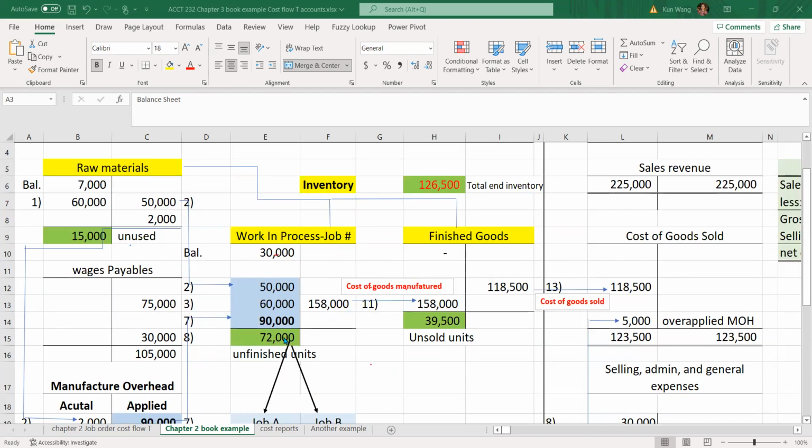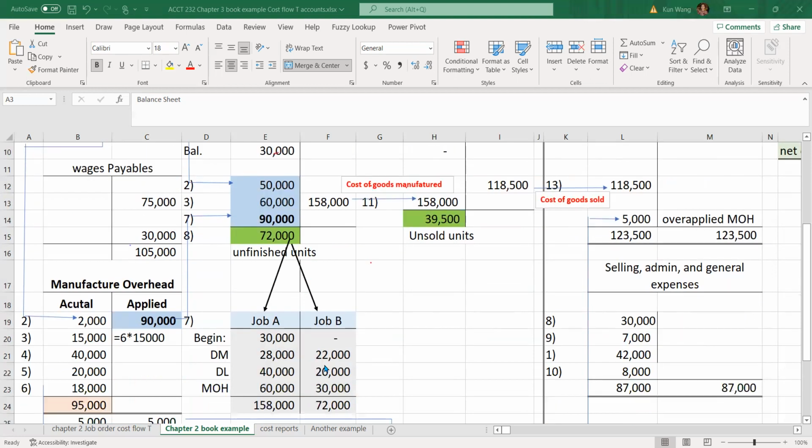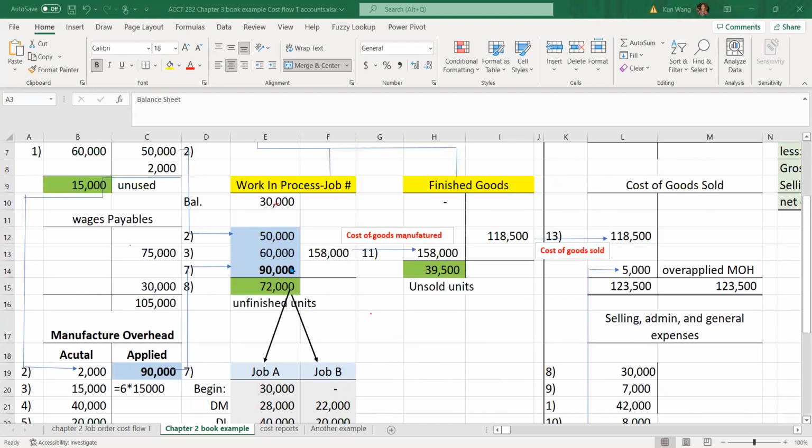And then we have the ending balance under the working in process, reflecting the accumulated cost for job B, the job we started but incomplete by the end of the reporting period. So 72,000 in our case.